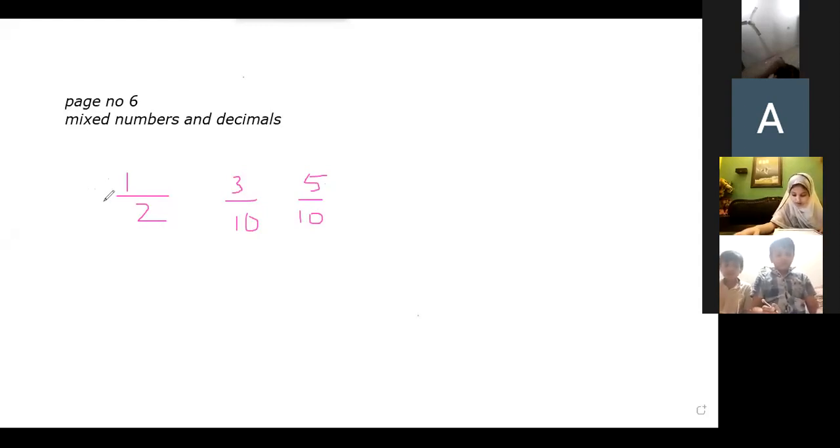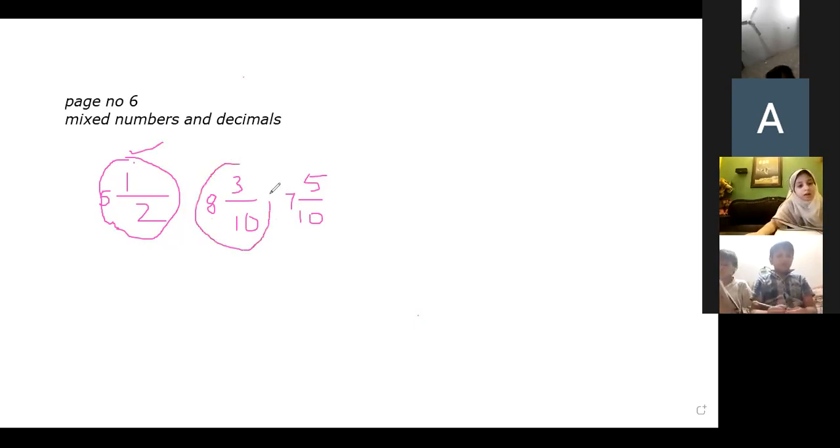It can be 5, it can be 8, it can be 7. If we have these three values, it looks like this, then it means it is a mixed number. This is also a mixed number. We have three values, 8, 3, and 10. So it is a mixed number.